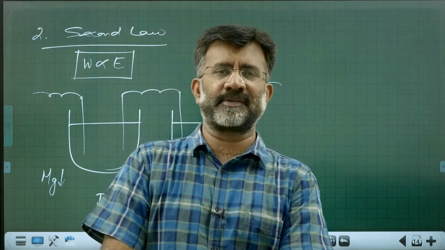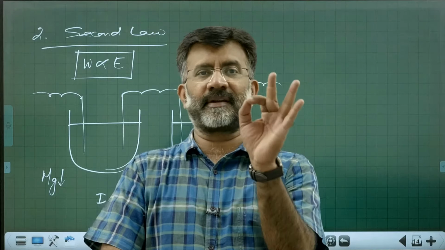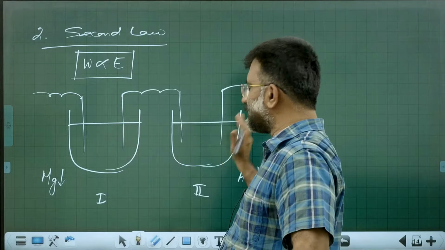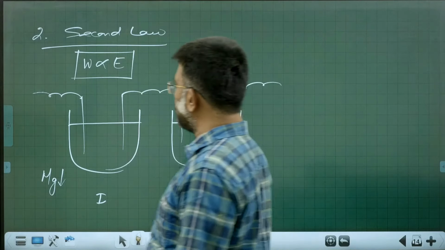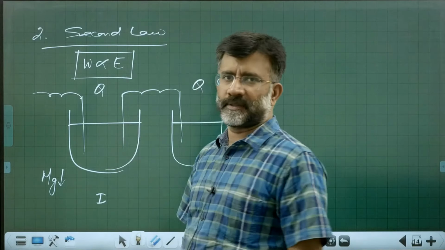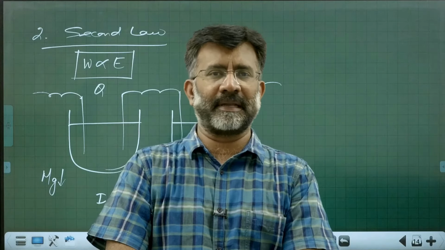You know the importance of series connectivity: the amount of electricity passing through will be the same. So cell 1 is in series with cell 2. Therefore, if the quantity of electricity passing through here is Q, the same Q will be passing through here. So the amount of electricity passing through the solution remains the same.